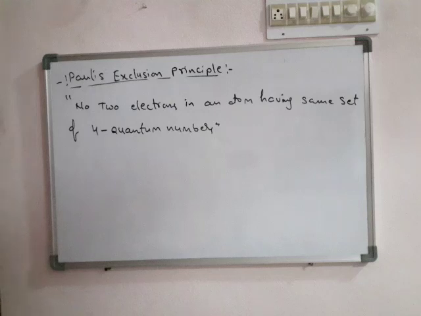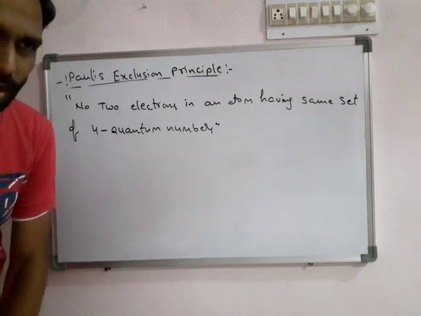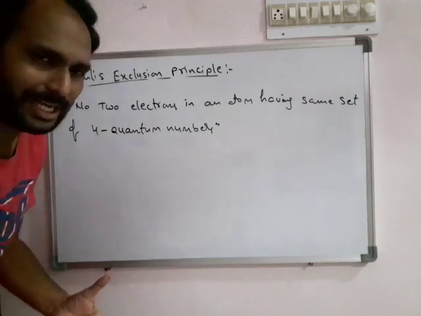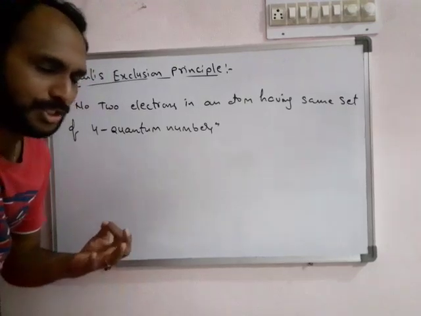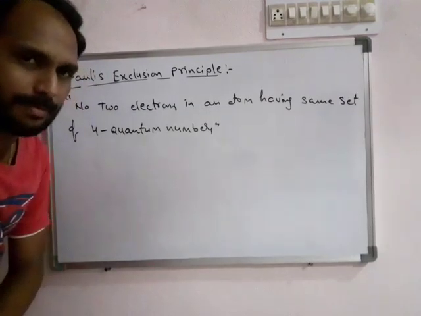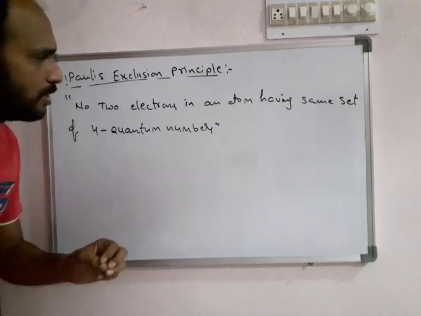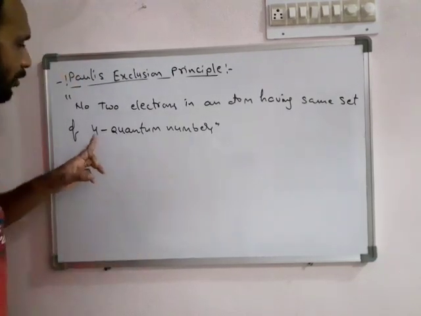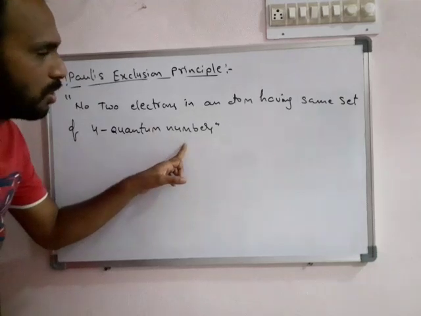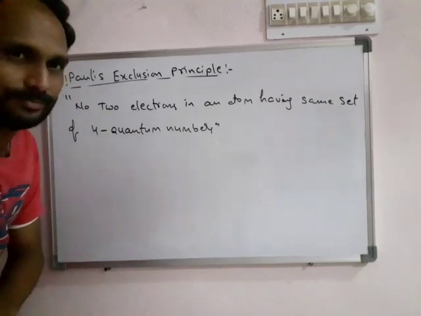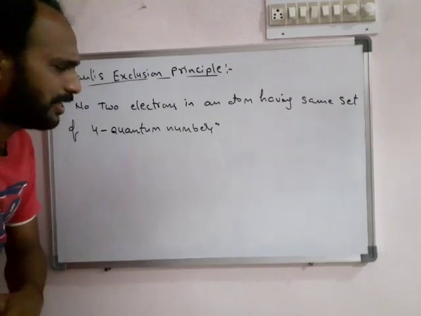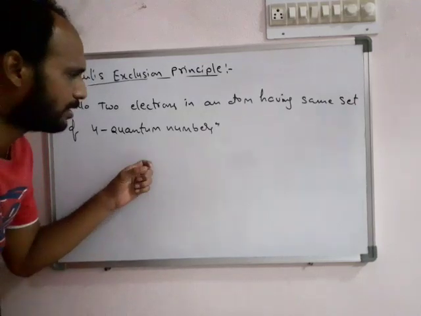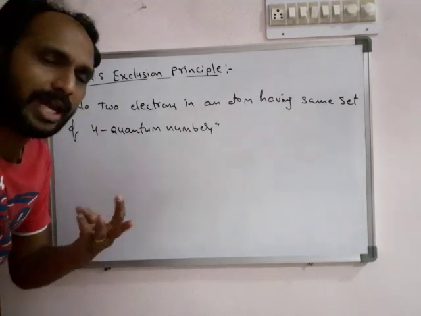అంటే ఒక atom లో ఉన్న any electron కి, for example if you take sodium, there is 11 electrons are present. So ఆ 11 electrons లో any two electrons కి మనం కంపేర్ చేసిన four quantum numbers values are not at all equal. ఓకే, మినిమం ఏదో ఒక క్వాంటమ్ నెంబర్ వాల్యూలో దే ఆర్ డిఫరెంట్.